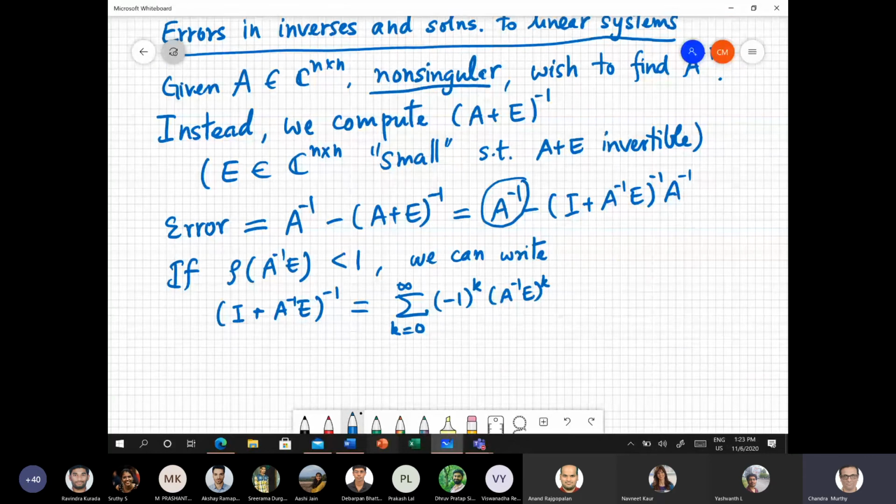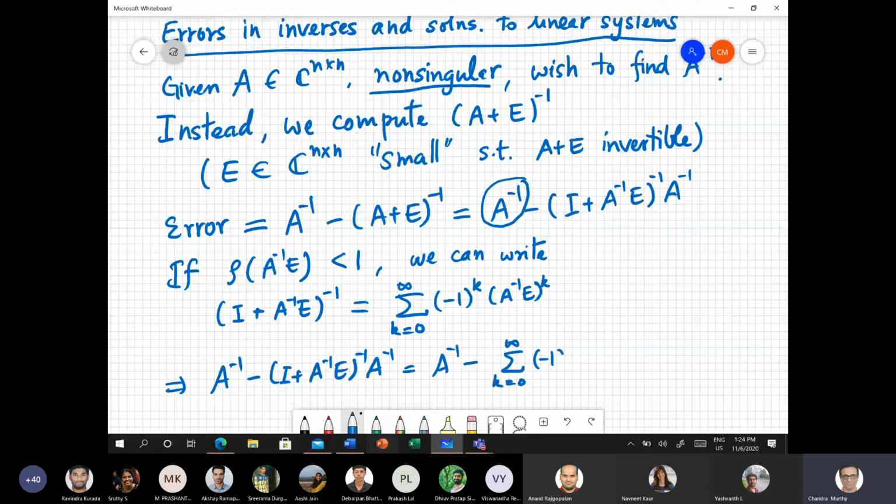Now I'll substitute this in here, which means that A inverse minus (I plus A inverse E) inverse times A inverse is equal to A inverse minus sigma k equal to 0 to infinity (minus 1) power k (A inverse E) power k times A inverse. If I take the k equal to 0 term, I get minus 1 power 0, and this thing power 0 is the identity matrix, times A inverse.